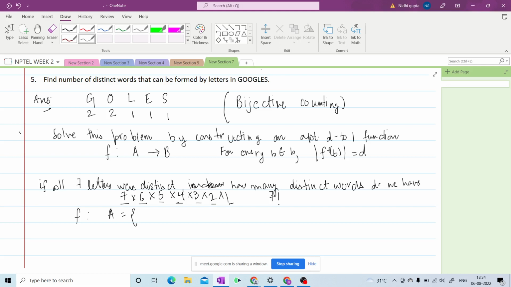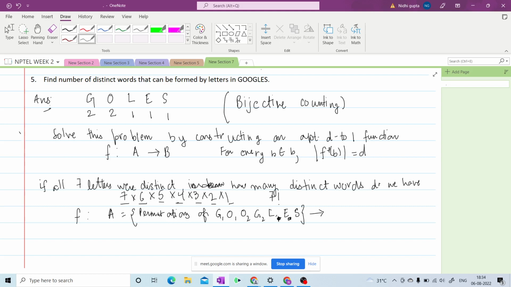So my set A is the permutations of this arrangement, that is G1, O1, O2, G2, L, E, S, because we have just one L, one E, and one S.